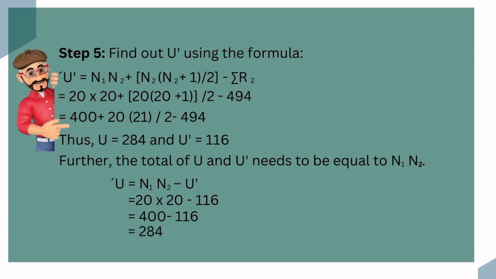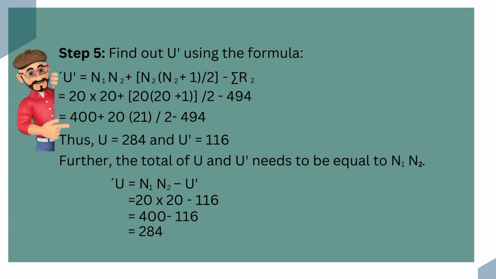So, the value would be 20 into 20 plus 20 (20 plus 1) divided by 2 minus 494, which is equal to 400 plus 20 into 21 divided by 2 minus 494. Thus, U would be 284 and U dash would be 116.